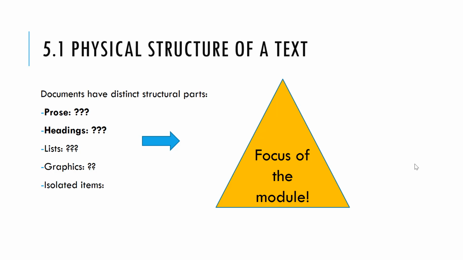Second, headings, often hierarchical and sometimes numbered: chapter titles, section heads, subsection heads, and so on. The third one is lists, or the main types are point form lists, which may be numbered or lettered or bulleted, like the list you are seeing on the screen.